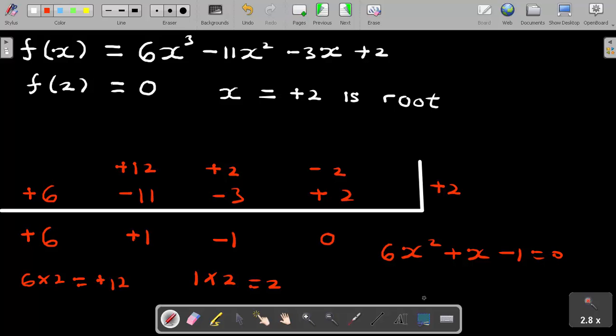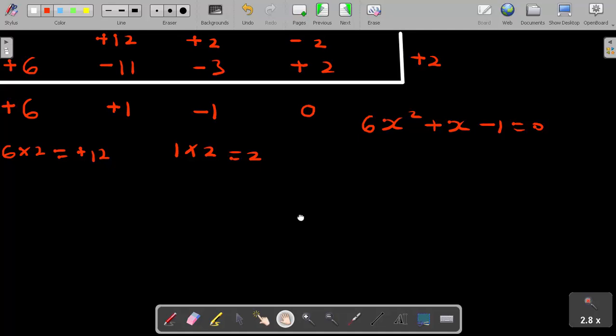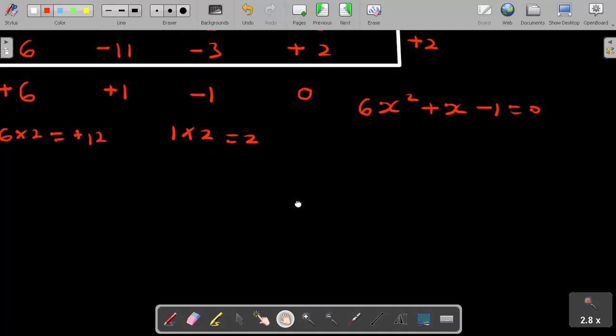We already saw the factors, remember them, it was 3 and 2. So I have the 3x and also the 2x here, because I want to get negative 1 here.